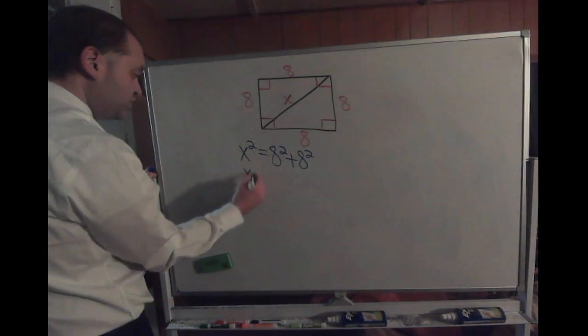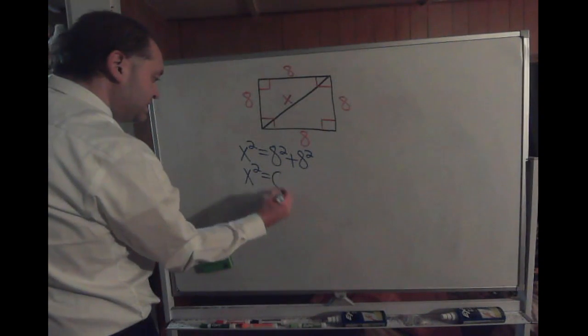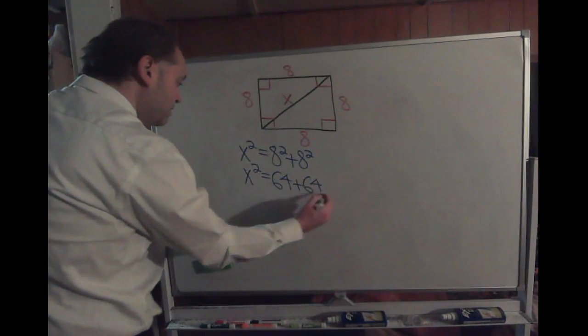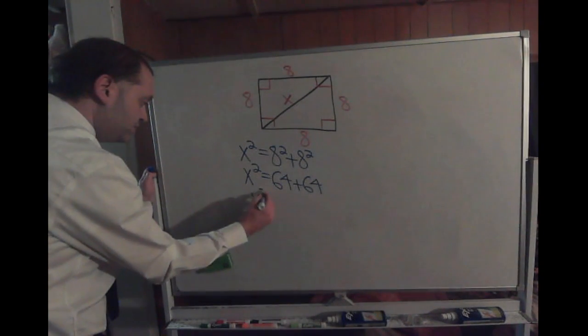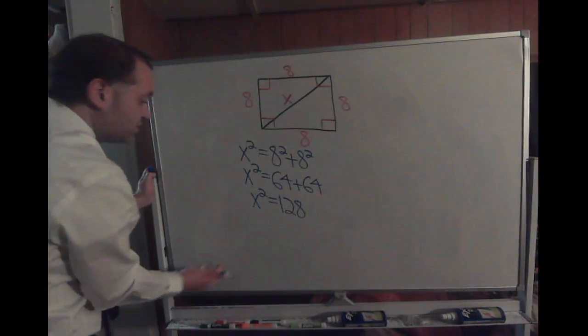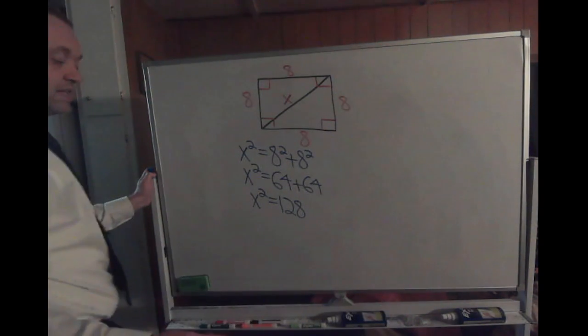which means x squared equals 64 plus 64, which means then ultimately that x squared equals 128. So then we only consider, of course, the positive square root.